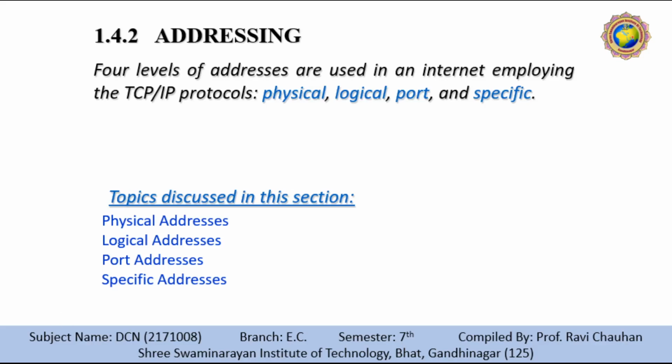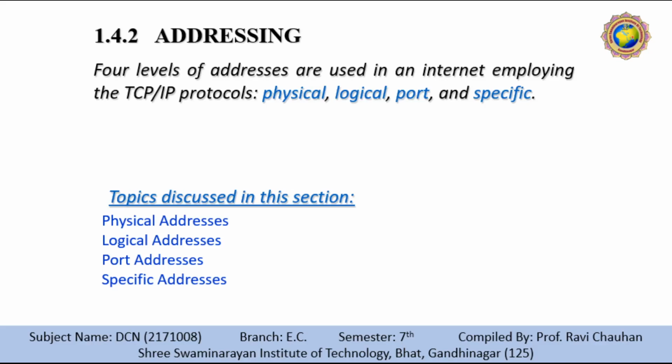Addressing. So what is addressing? In general terms, addressing is used for a destination to which we can send our data. Four levels of addresses are used in the internet employing TCP/IP protocols.